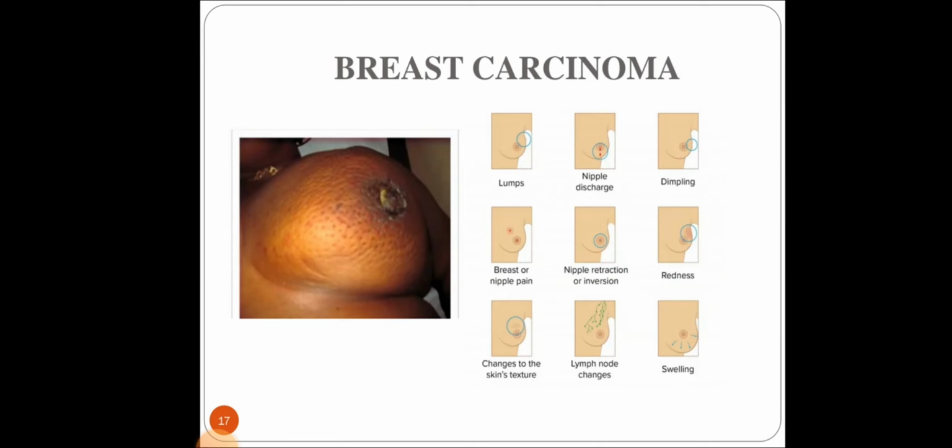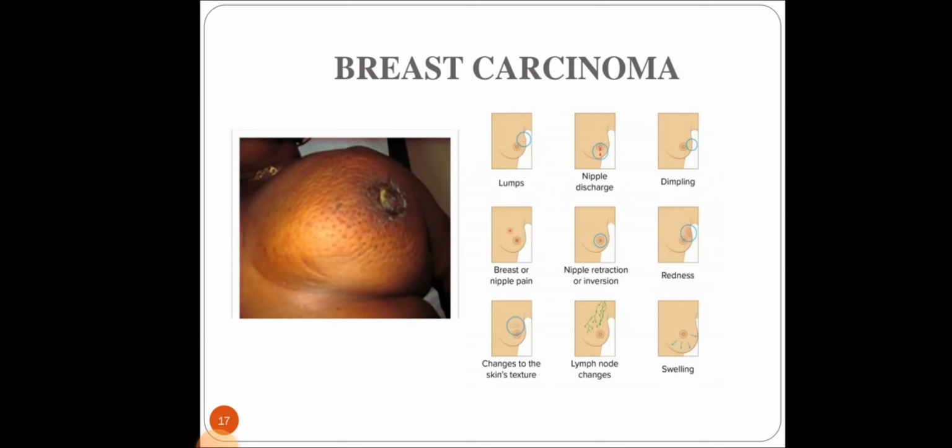That is especially in case of a tumor less than 4 centimeter, that is called breast conservative therapy. We are not removing the breast as such, only that lump along with part of normal tissues being removed, that is called local wide excision or lumpectomy.